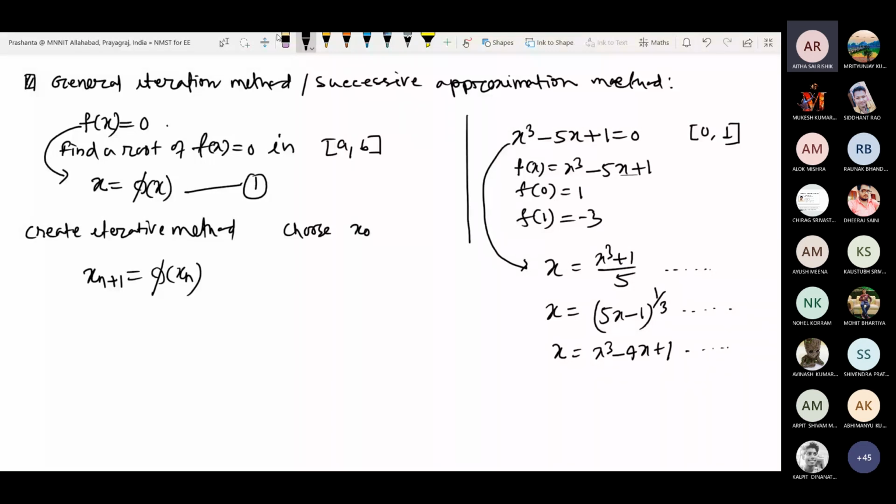Then from x naught you create x1 by calculating phi of x naught. Then from x1 you create x2 by writing x2 equals phi of x1, and so on. So this is the general formula or general rule. Create the points, where n is greater than or equal to 0.